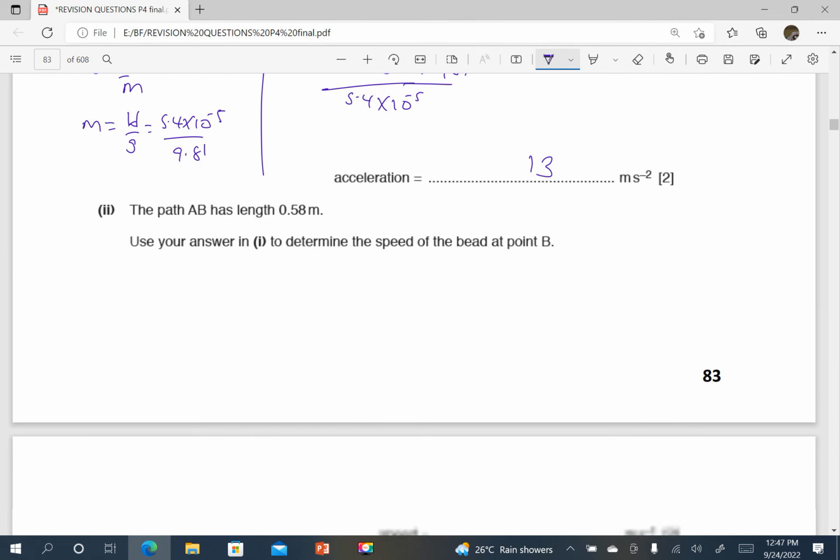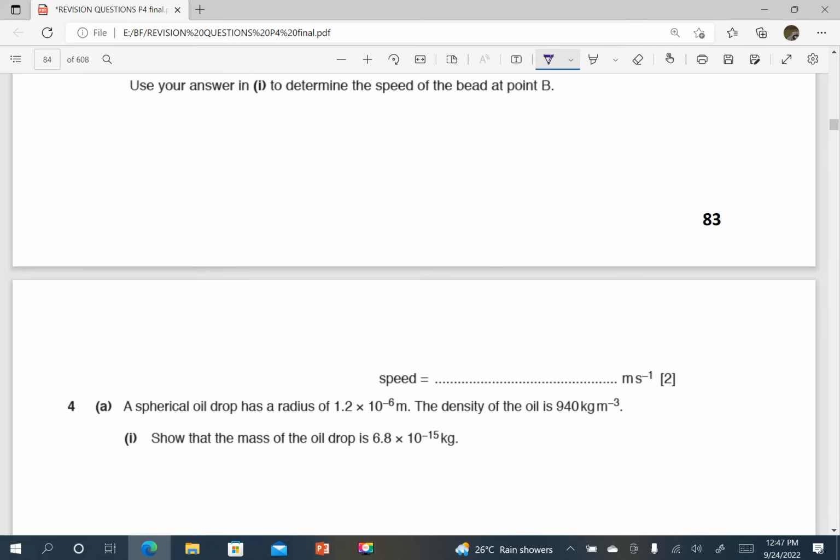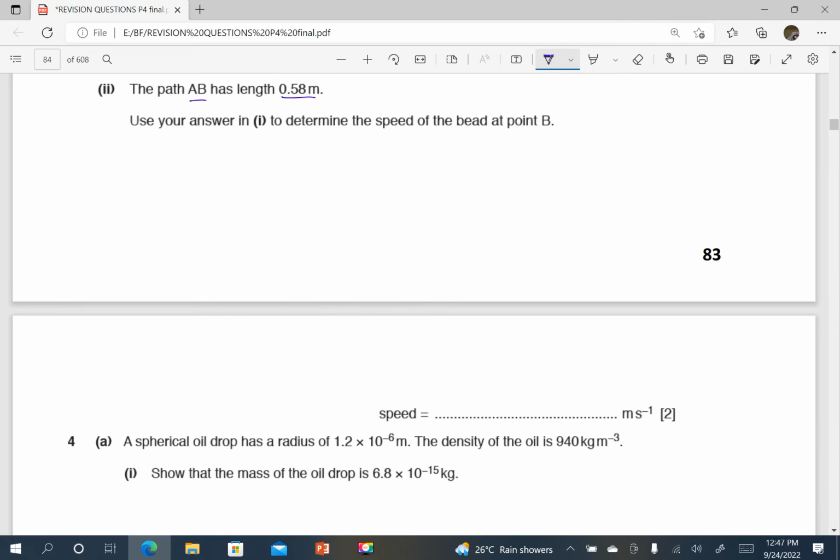But next, the path AB has a length of that. Use your answer in Roman 1 to determine the speed of the bead at point B. So if we are using the acceleration and they've given us the displacement, then we shall simply use the equations of motion.